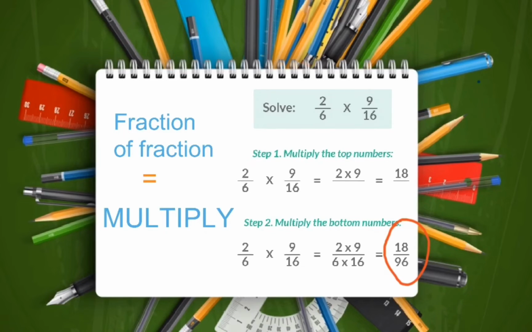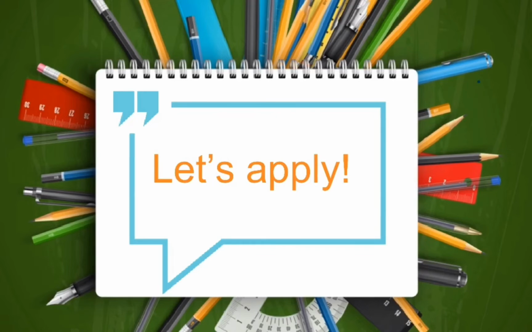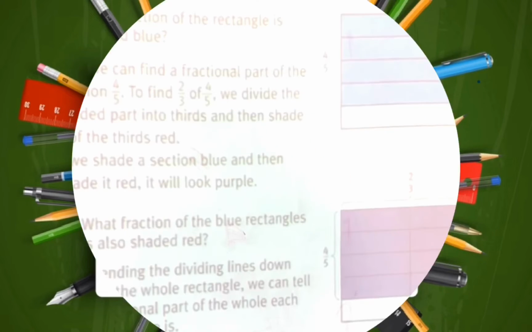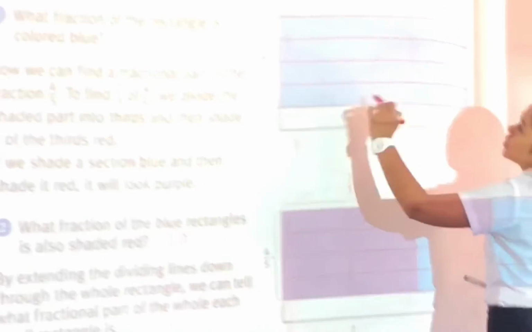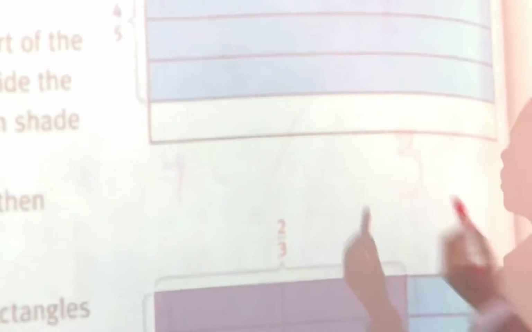Simple, right? Now, let's apply what we already learned. To show 4/5, we can divide a rectangle horizontally into 5 smaller equal-sized rectangles and color 4 of them.